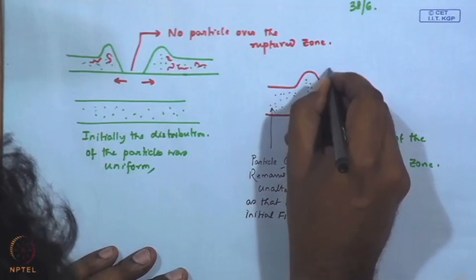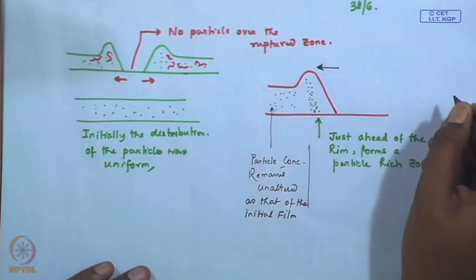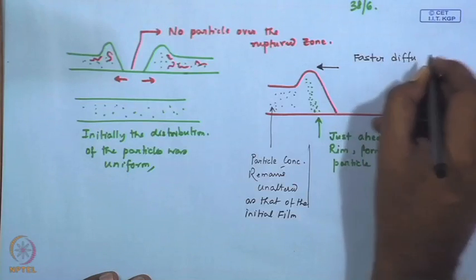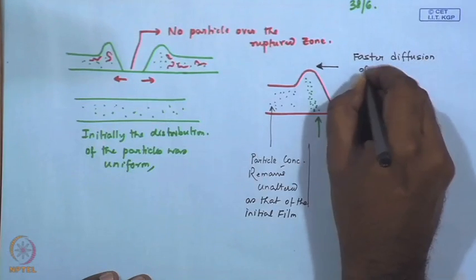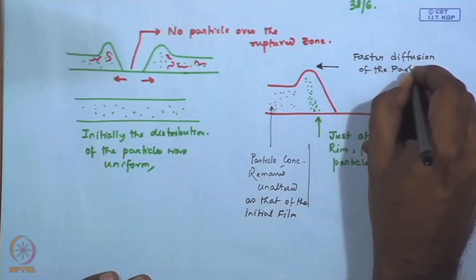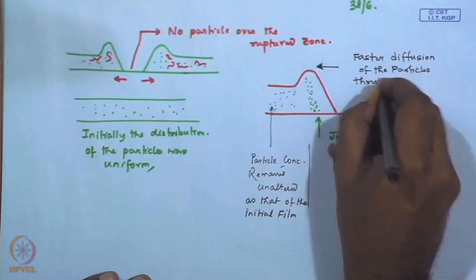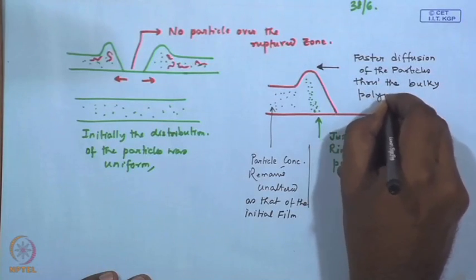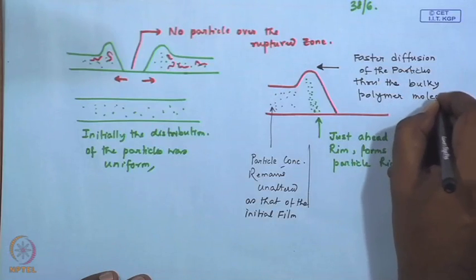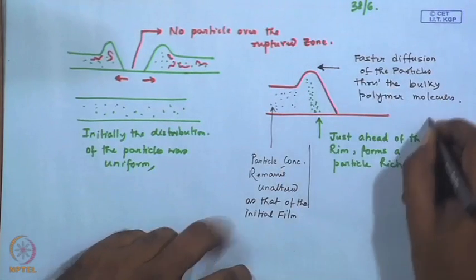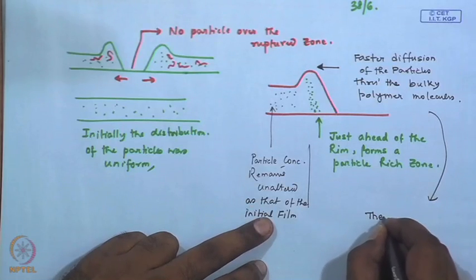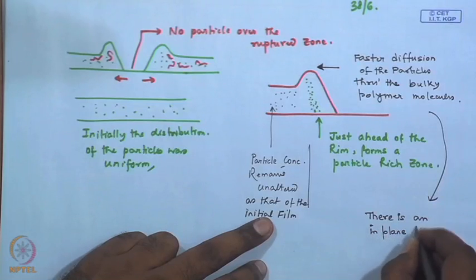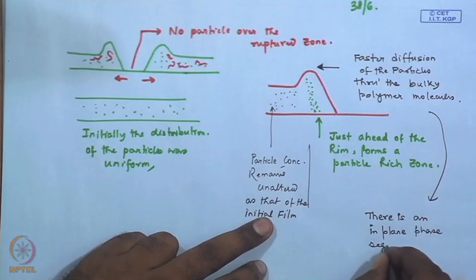But here, because of the faster diffusion of the particles through the bulky polymer molecules, there is an in plane phase segregation.